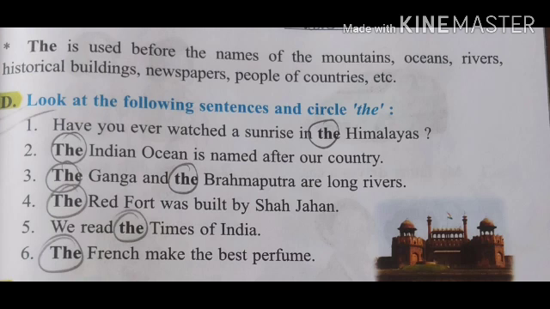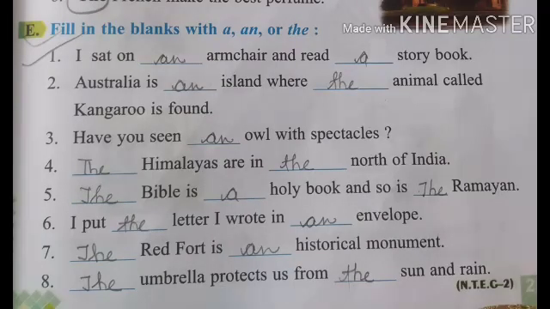Okay, so let's go to the next exercise, that is E. Fill in the blanks with a, an or the. So we will read it and now we will fill it. I sat on an armchair and read a storybook. Australia is an island where the animal called kangaroo is found.